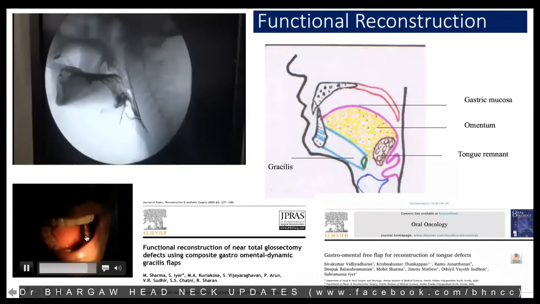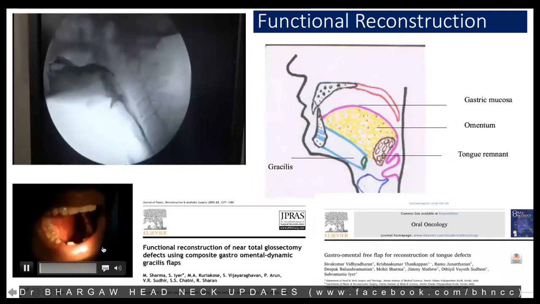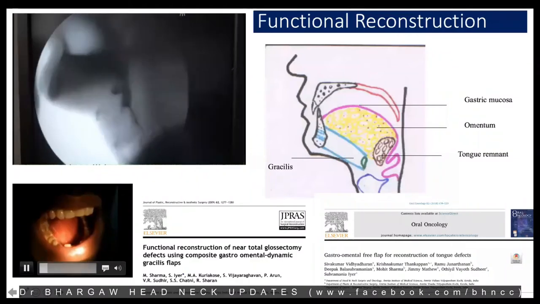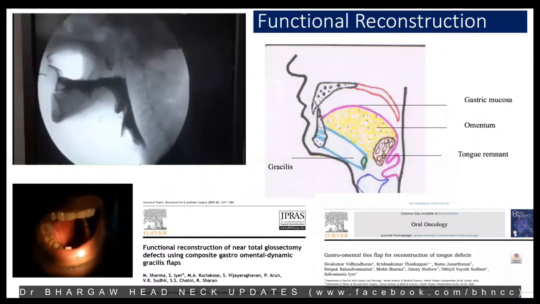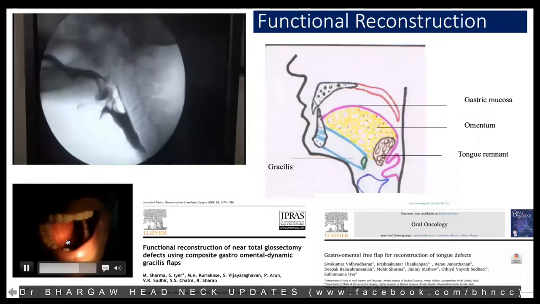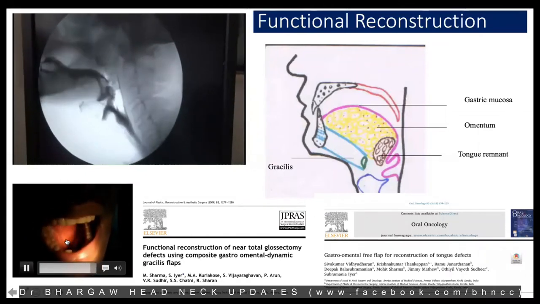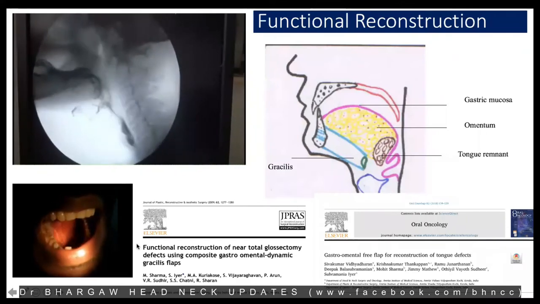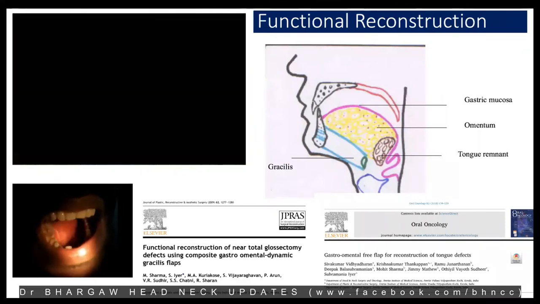In this patient, you can see in the video on the left, who had a total glossectomy, what is actually moving the neo-tongue is a part of the gracilis muscle and the stomach flap. And he's been living for 10 years on a soft to semi-solid diet.